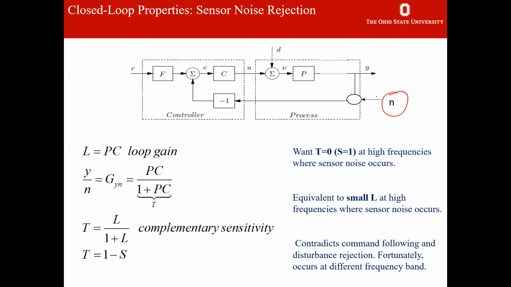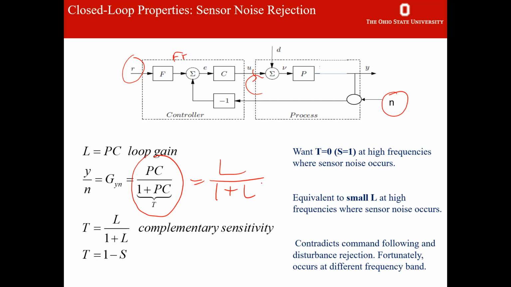If I look at the transfer function from noise to output, it's going to be similar to what happened with F times R. I'm going to have the same transfer function, PC over 1 plus PC, or L over 1 plus L, which I wanted to be 1 because I wanted to follow the command.